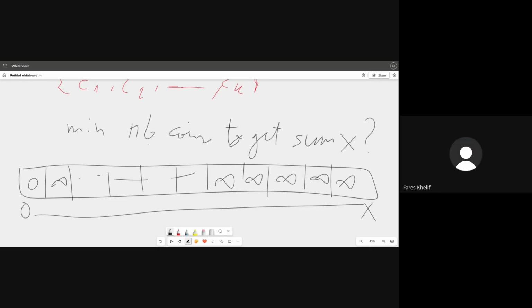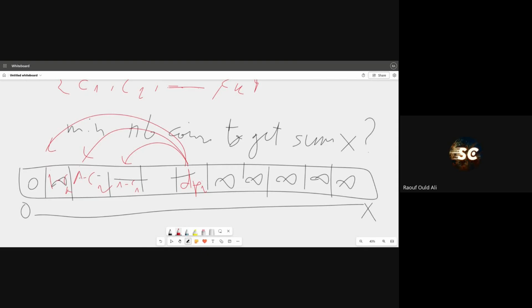But this time we are going to use the minimum value of dp at index I and dp at the previous value before we use the coin, so like dp at I minus c. So here, if we have dp[I], we will use I minus c1, I minus c2, until I minus ck, right?